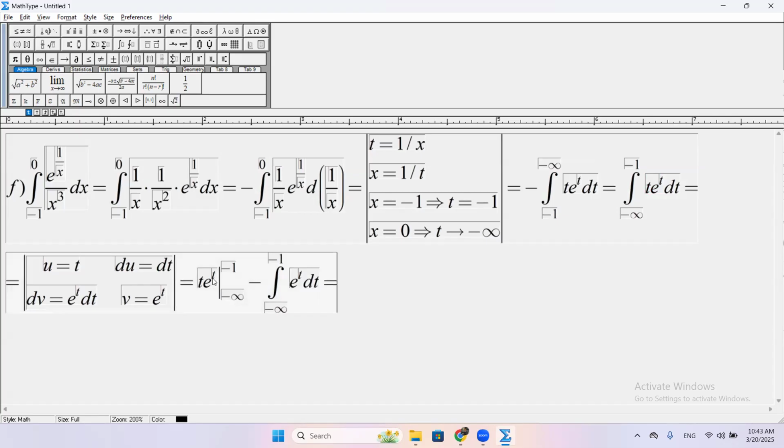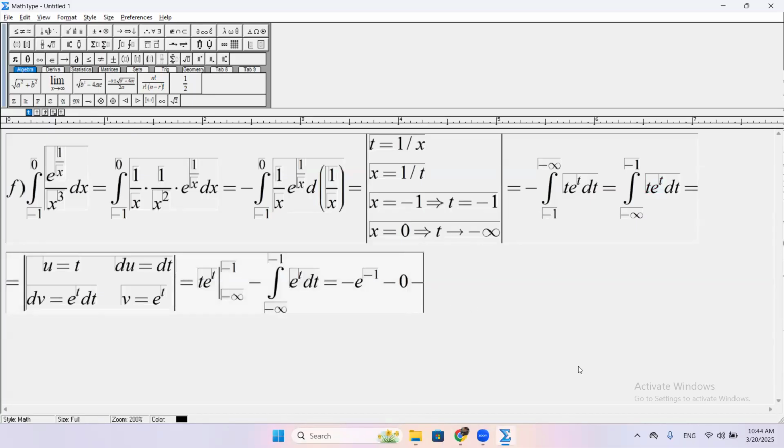So here, if I substitute minus 1, what I have is minus e to the power of minus 1. And if I substitute minus infinity, I will have 0, because this function decreases quicker than t, so that's why we have 0 here.